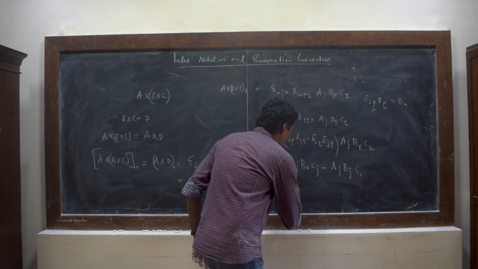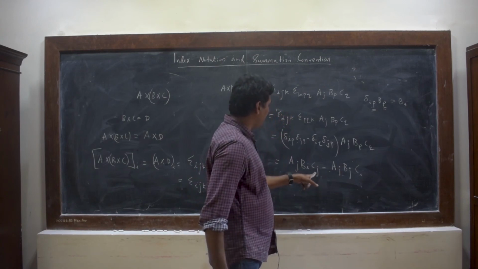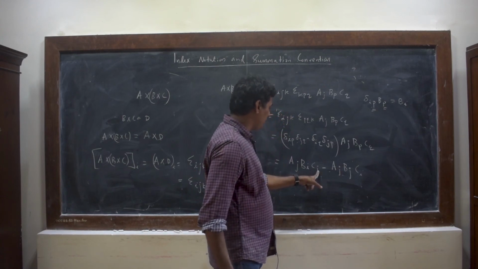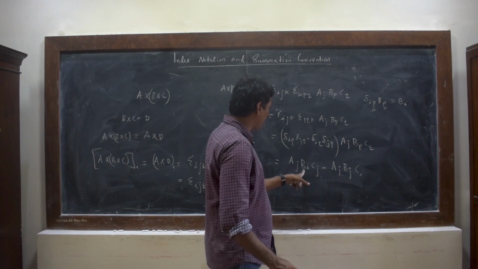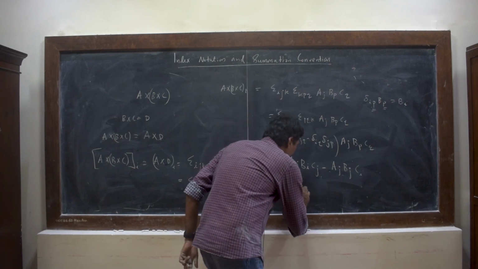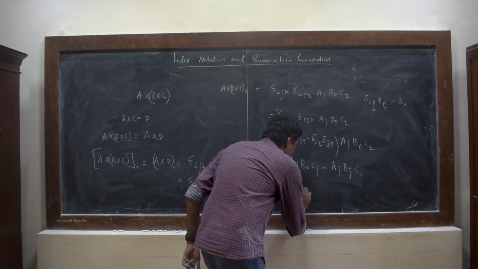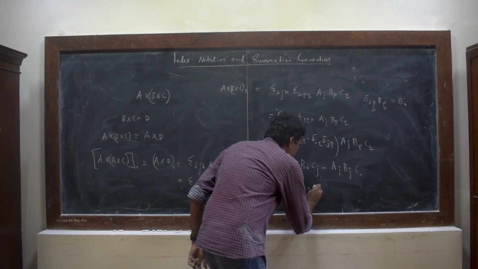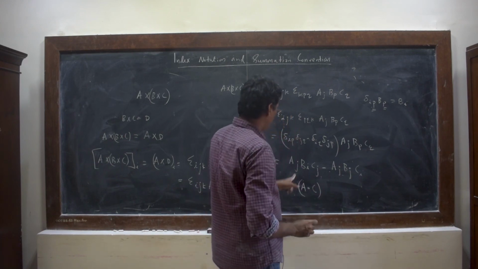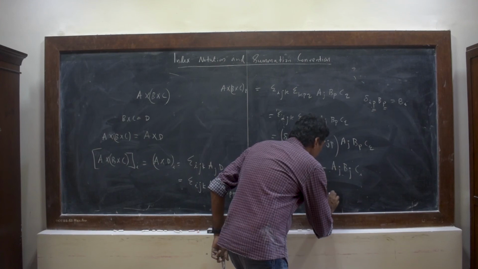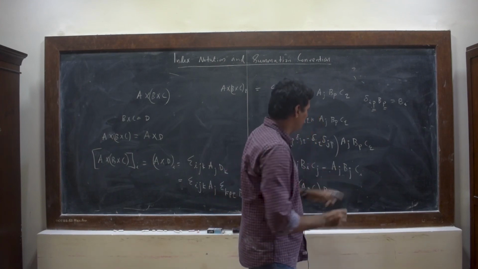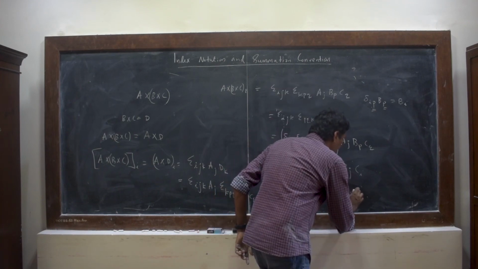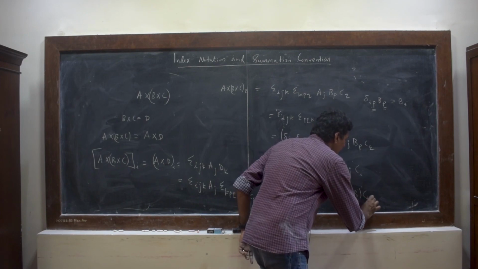But you know that Aj Cj is equal to A dot C. So you will have Bi times A dot C, minus Aj Bj, which is A dot B, into Ci.